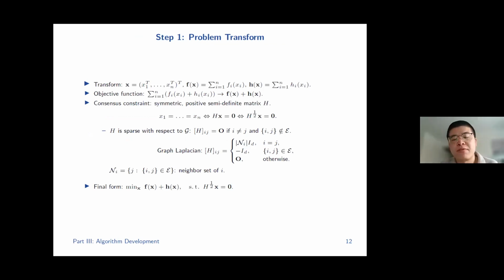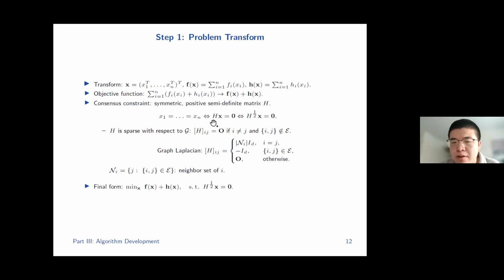In the problem transformation, we first rewrite these local decision variables and these local functions in a compact form, so that the objective function can be rewritten as f(x) plus h(x). We also look for a symmetric and positive semi-definite matrix H to transform the consensus constraint, that all the xi are required to be identical, into a linear equation Hx equal to 0.